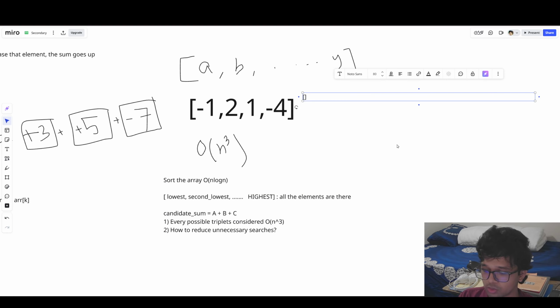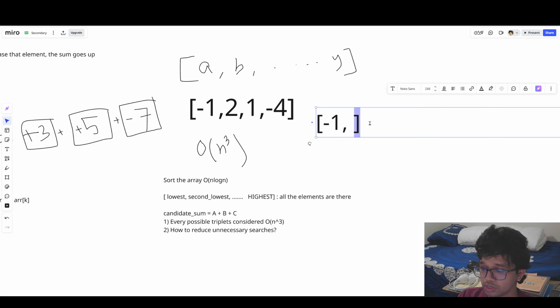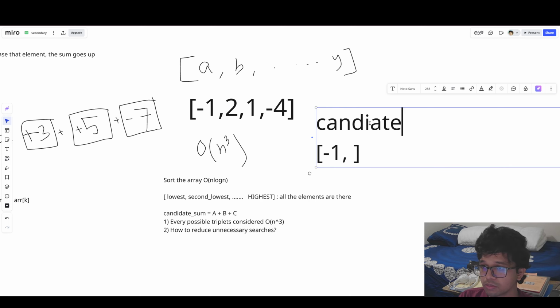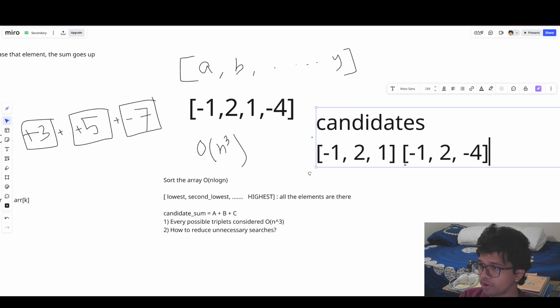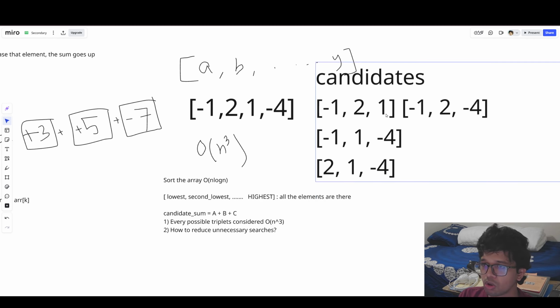Our candidates are like this: -1 2 1, this is a candidate. -1 2 -4, another candidate. -1 1 -4, another candidate. 2 1 -4, another candidate. So these are all possible candidates.